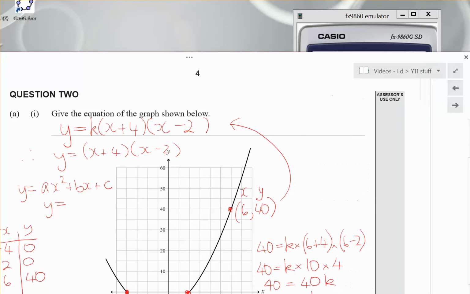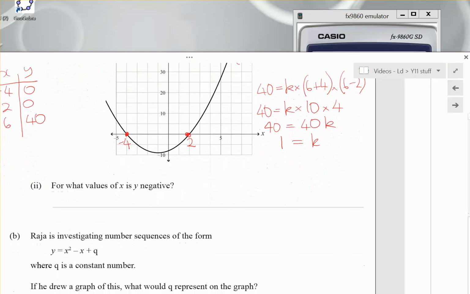So a is 1, 1x squared, b was 2, and c was -8. Now if you expand the brackets there, you'll end up with the same equation. X squared, we'll get a -2 and a +4, plus 4x, minus 2x is plus 2x, and we'll get -8 on the end. So either of those would be the correct equation.